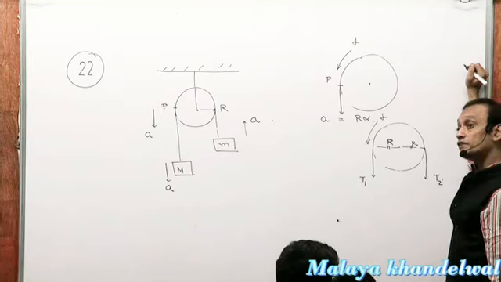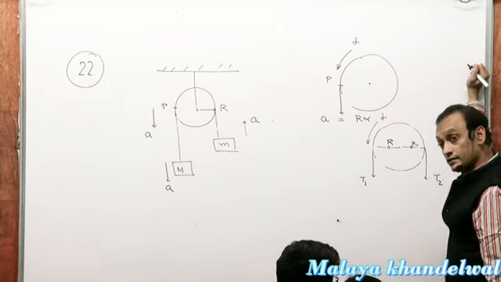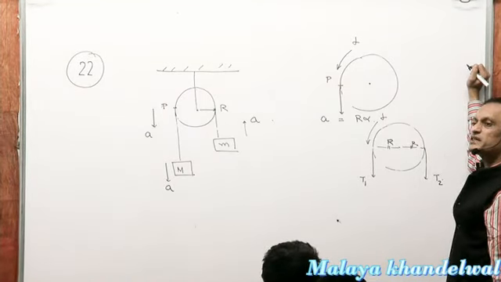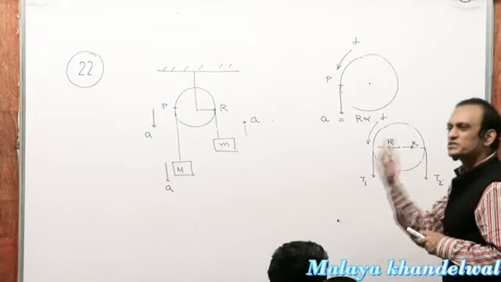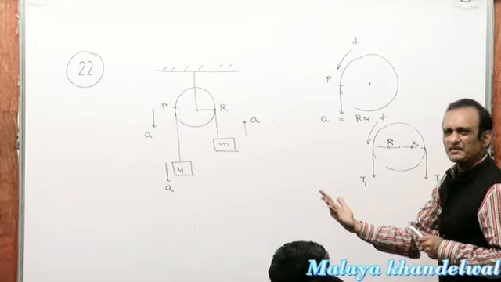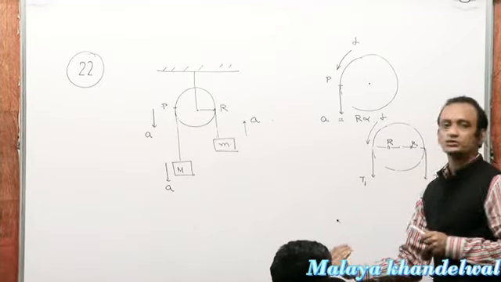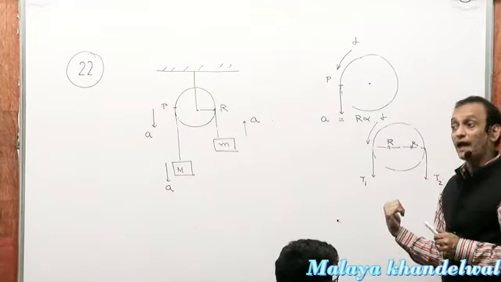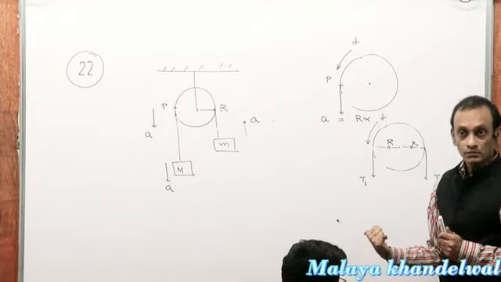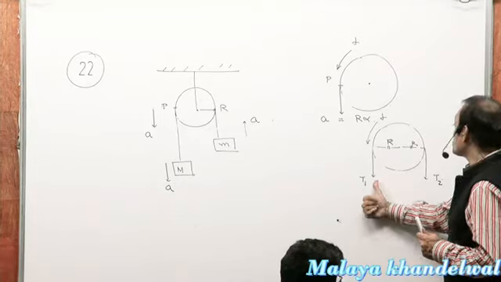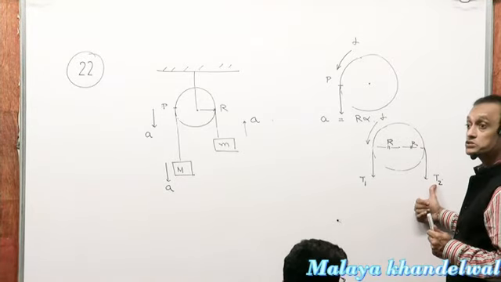In all cases earlier, we had the same tension across the string. That was because we looked at negligible mass of the pulley, negligible I, negligible alpha, and so forth. It didn't matter to us. But this time, alpha is pronounced. Mass of the pulley is respectable, right? And therefore, the tension on one side will be different from the tension on the other side.